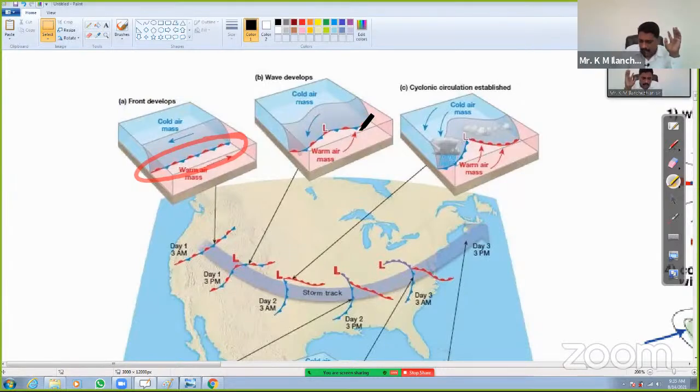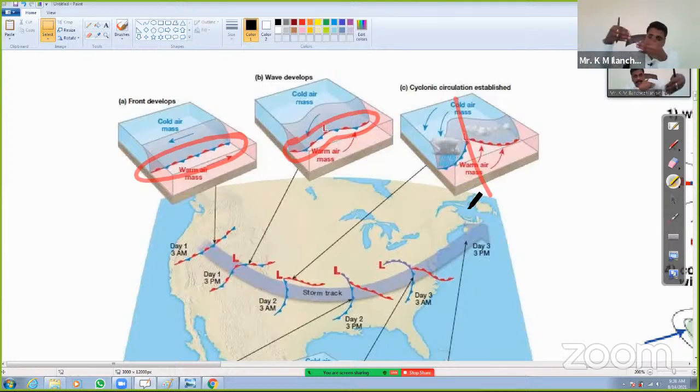Now, very carefully, you will find alternate red and blue here. It means the boundary of the cold air mass is also the boundary of the warm air mass. That's the idea. But here it is not the case. The stable front is now getting divided, becoming a cold front and a warm front.